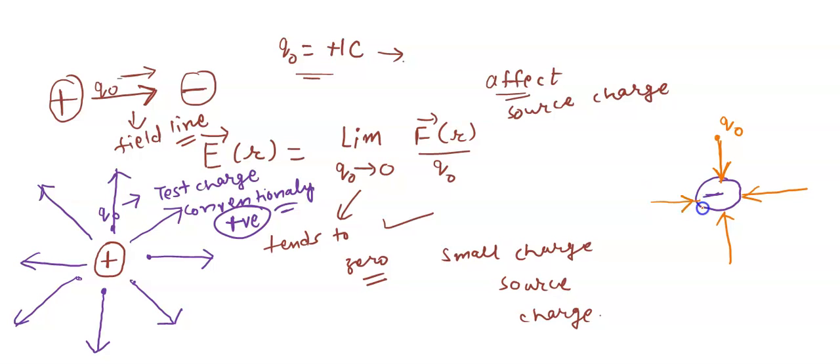So you can see that all these electric field lines move towards the negative charge. And the reason is again that the test charge is a positive charge. So this is how you can draw the electric field lines around positive and negative charges.